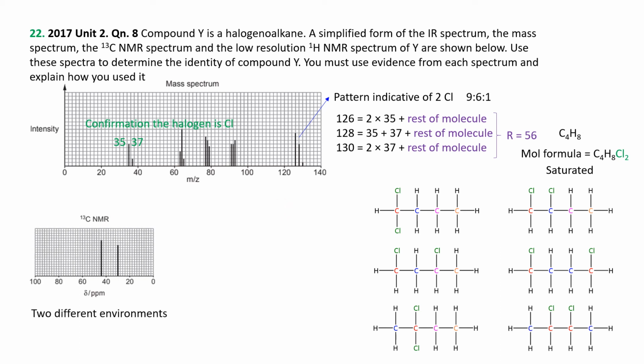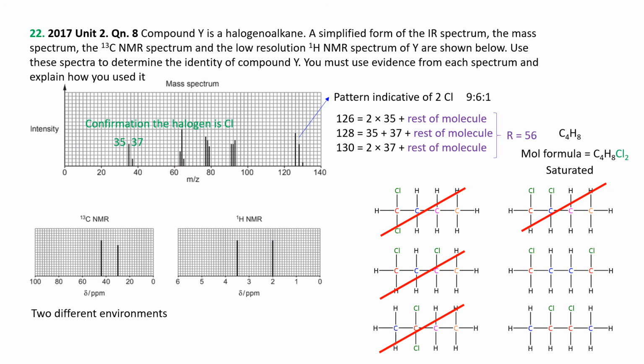There it is there. 2 different environments, thus 2 different types of carbon. So we can cross out the 1,1, the 1,2, and the 1,3. The 1,4 looks good, 2 different types of carbon, the red and the blue. The 2,2 we cross out, and the 2,3 again has 2 different types of carbon. So we've gone from 6 possibilities to 2 possibilities.